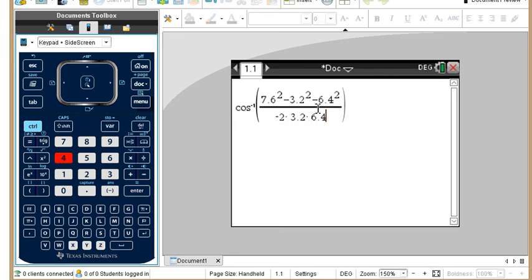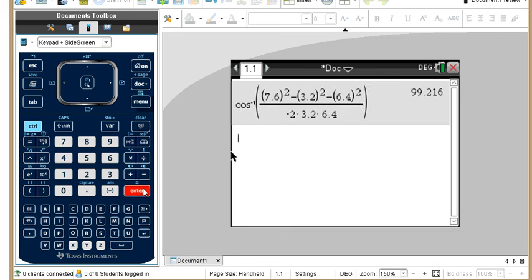You kind of just check everything, make sure it's right. Press enter. We get 99.216 degrees.